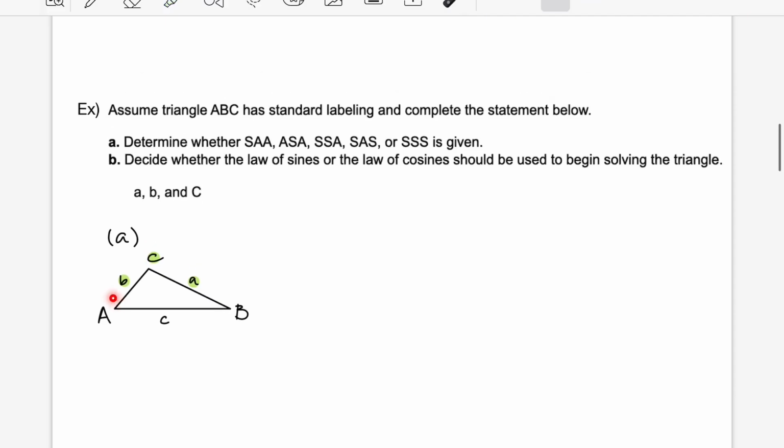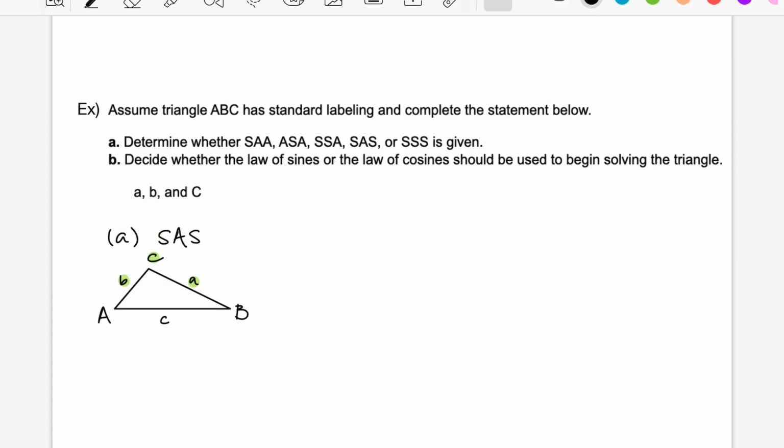Now the way this information is given is we do have two side lengths and an angle, but we have two sides with an angle given in between. So in this case, the naming convention of the information given would be SAS. We're given a side, an angle, and a side, and our angle is in between our two side lengths.